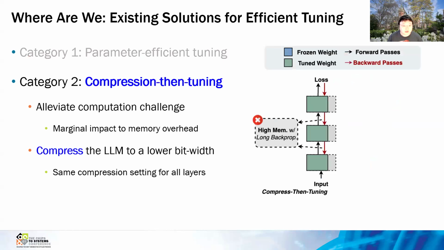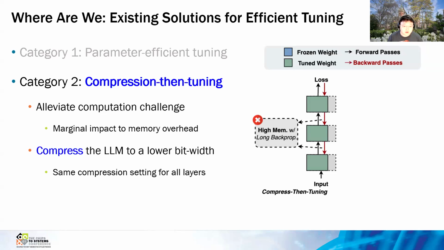And the second category is called compression and tuning, where the key idea, as shown on the right side here, is that they will first compress the LLM before really tuning it. This can alleviate the computation challenge because the LLM itself has been compressed, but they have marginal impact on the memory overhead.